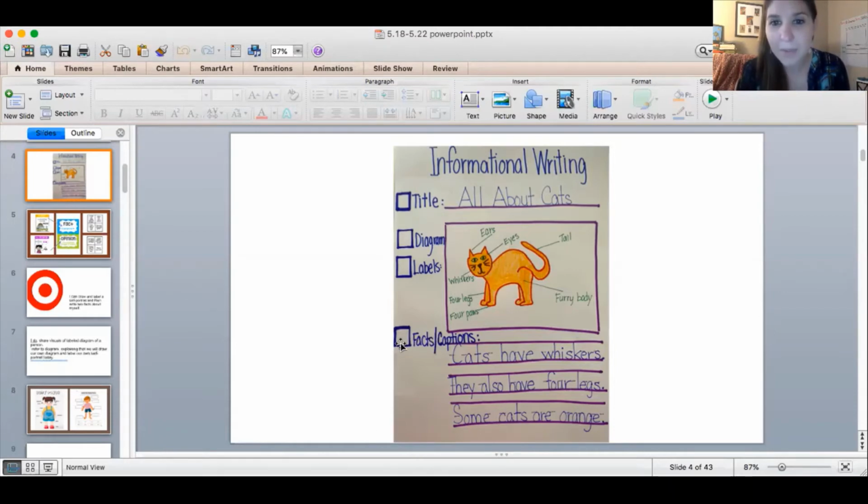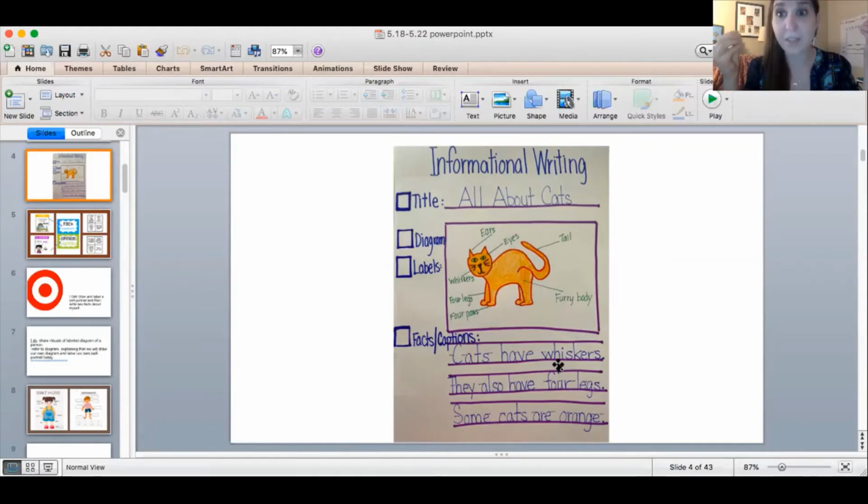Then at the bottom here, the last part that we will be adding to our informational writing pieces this week are facts or captions. It's just a sentence that is a true sentence. And we will talk more about a fact and an opinion in just a moment. But these are 3 examples of some facts about cats. Cats have whiskers.